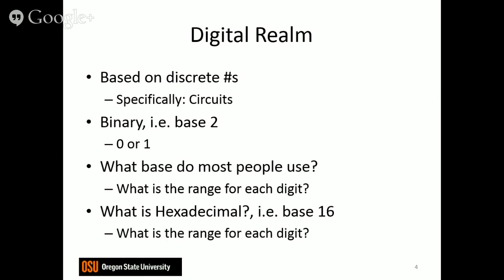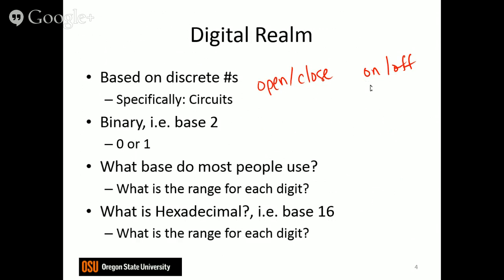Okay, and then what do all of our pieces of software boil down to? Basically, everything is based on discrete numbers, and more specifically, it's based on circuits, and what hardware is based on, and that is either open or close, or you can think of on or off.